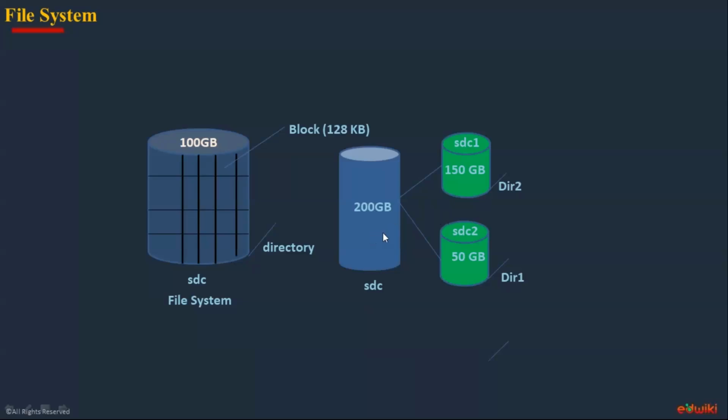When you are making your SDC whole disk into multiple partitions, it's up to you how you want to decide the size of partitioning. One can be 150, the other can be 50, one can be 190, the other can be 10. It's up to you how you want to do this separation.